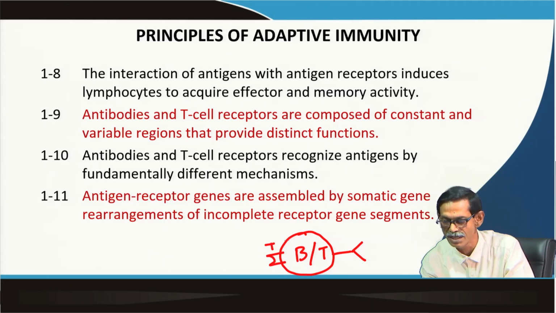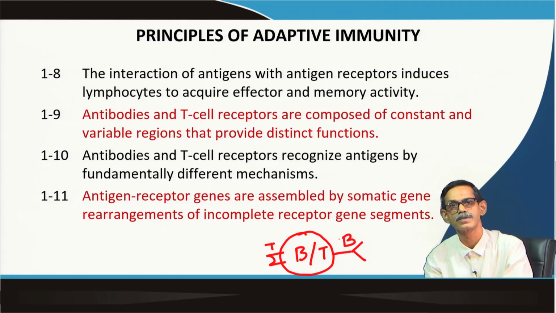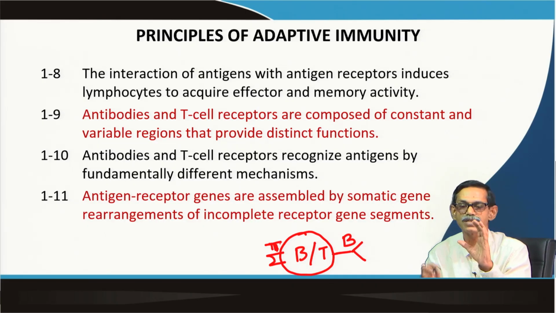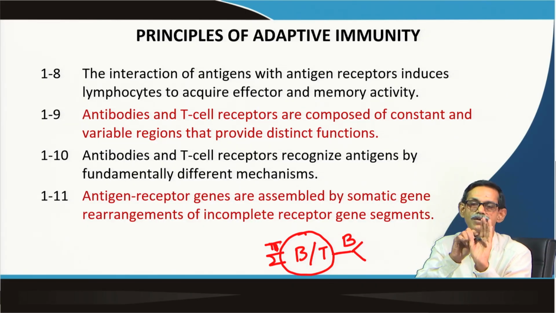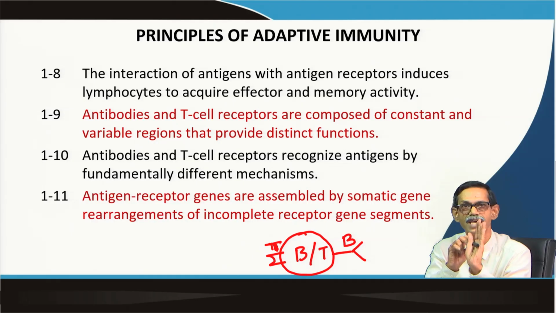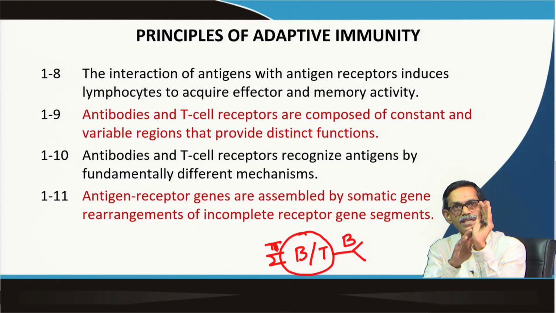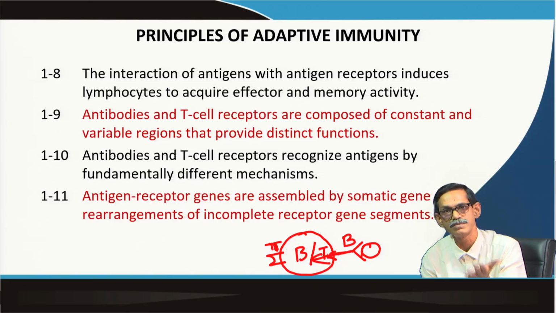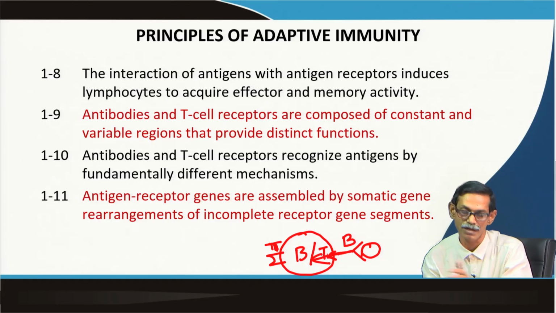So, this is for T and this is for B. This receptor can recognize the foreign antigen, and when the antigen binds, the signal from this receptor goes inside. Something binds here, that gives the signal inside, which tells the B cell and T cell that something came, so you take care of that.